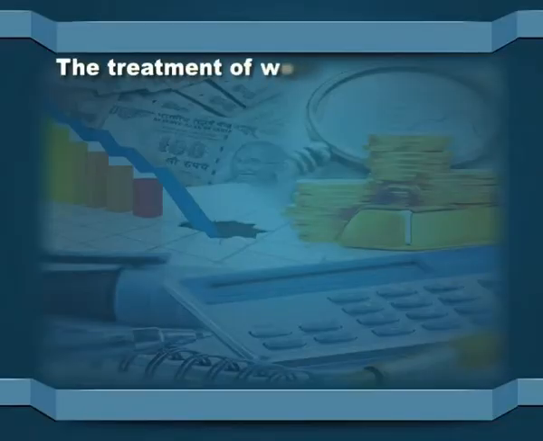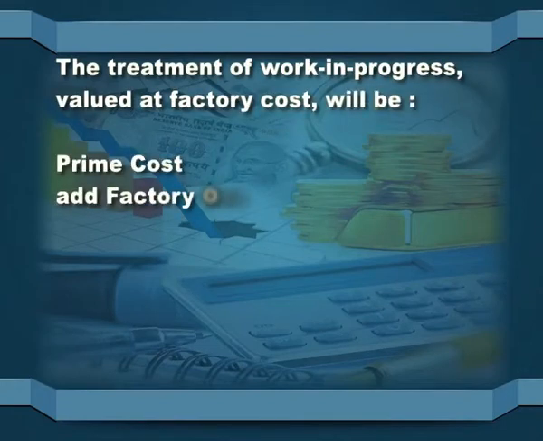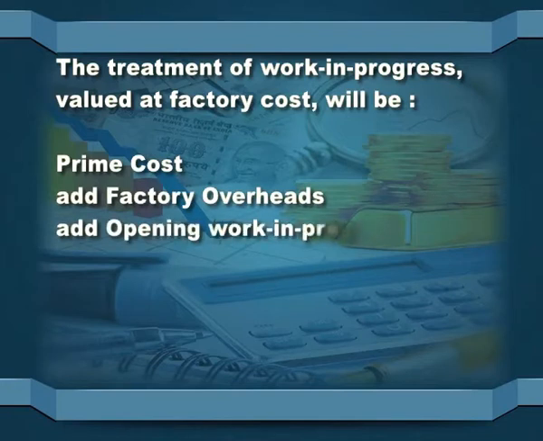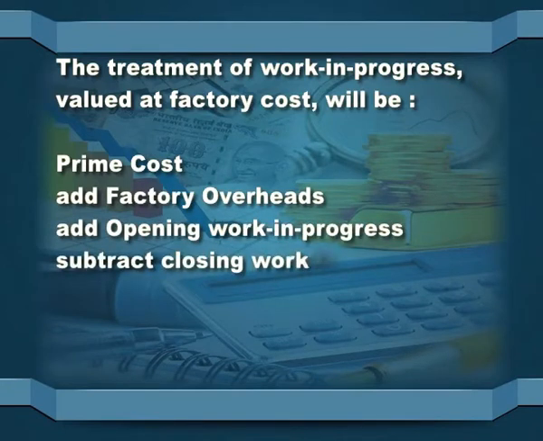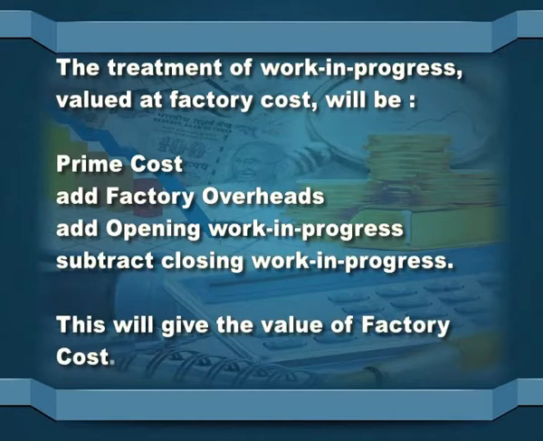The treatment of work in progress valued at factory cost will be prime cost, add factory overheads, add opening work in progress and subtract closing work in progress. This will give the value of factory cost.